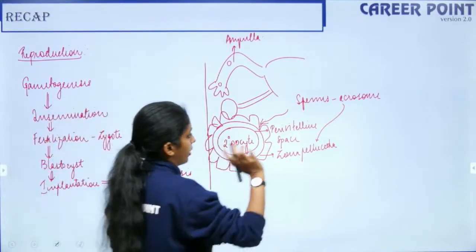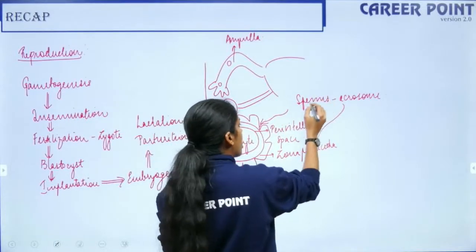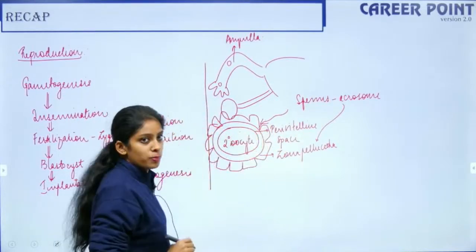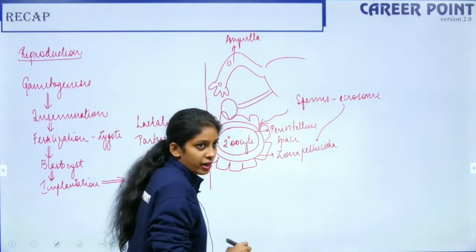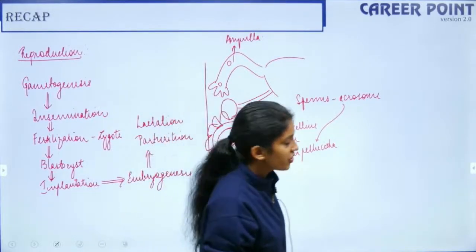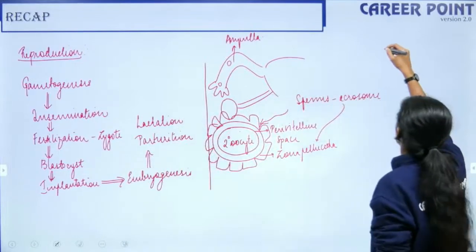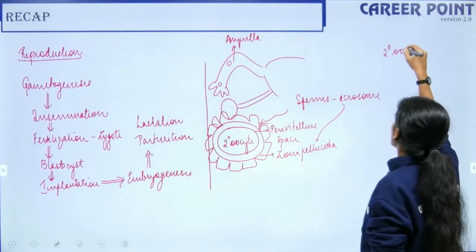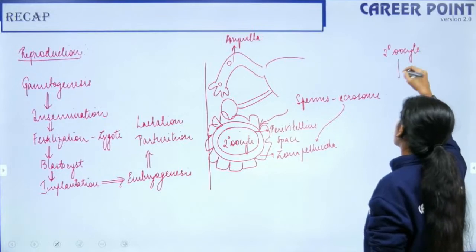Now the sperm enters the cytoplasm of the secondary oocyte. The moment the sperm enters the cytoplasm of the secondary oocyte, it completes the second meiotic division.